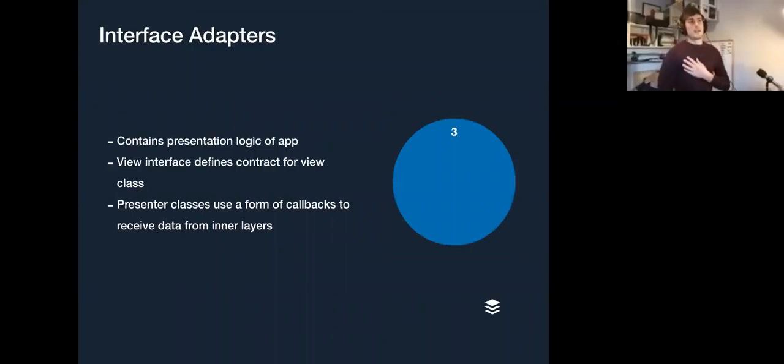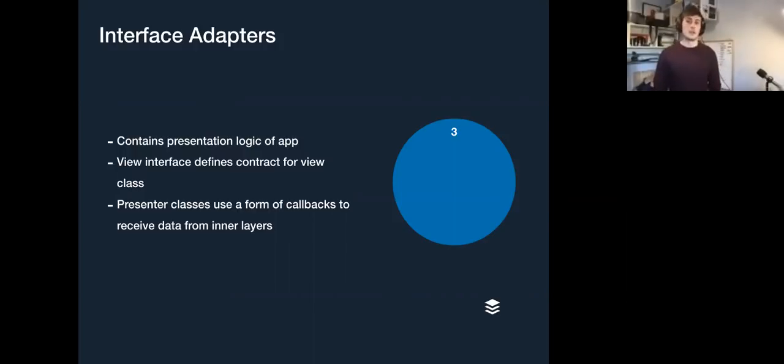The interface adapters onion ring of the application is mainly presentation and controllers. So any presentation logic of the app, for us this layer is pretty much just presentation logic. If you're using something like model view presenter, then you'd probably define view interfaces as well.